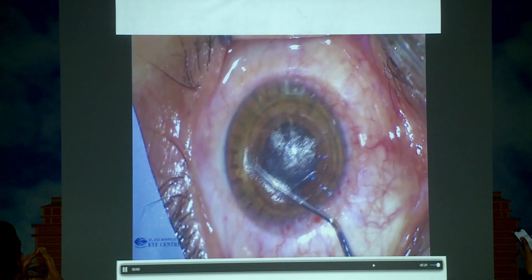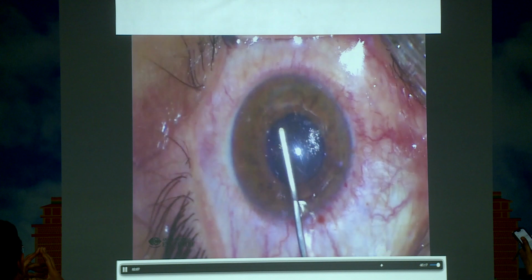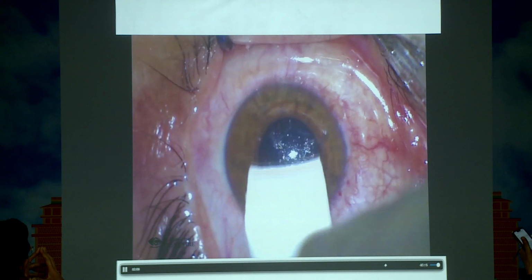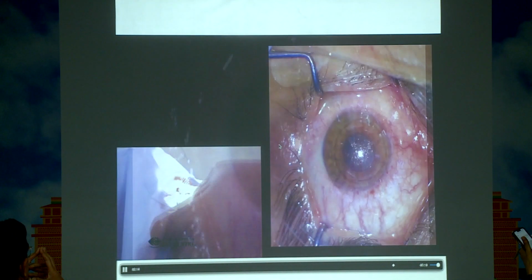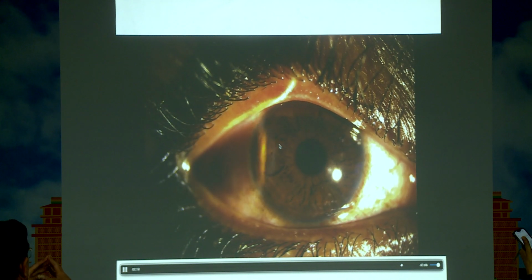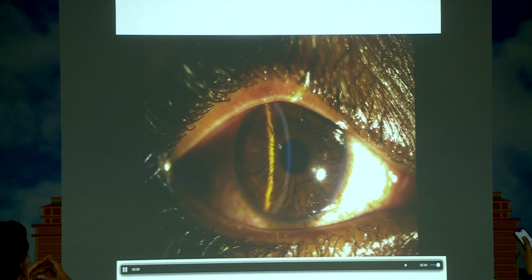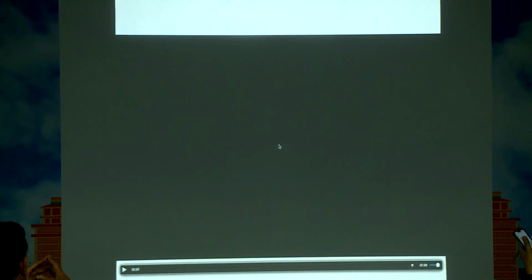The lenticule can easily be hydrodissected, thanks to Gaurav for teaching us. This is the whole surgery: a few minutes of laser application and a few minutes of lenticule extraction, a wonderful workflow. This is the day 1 picture, with hardly any visibility of the side cuts or the laser marks.